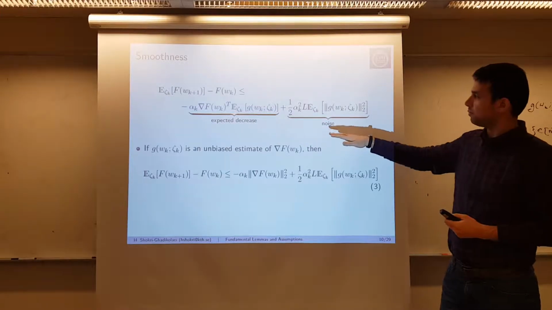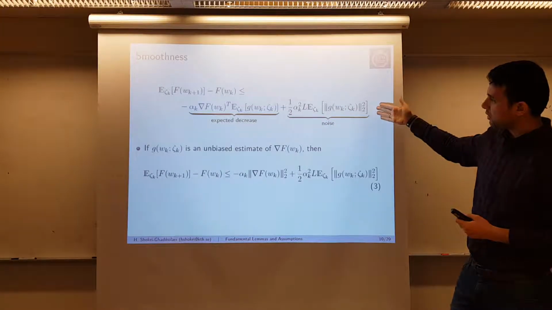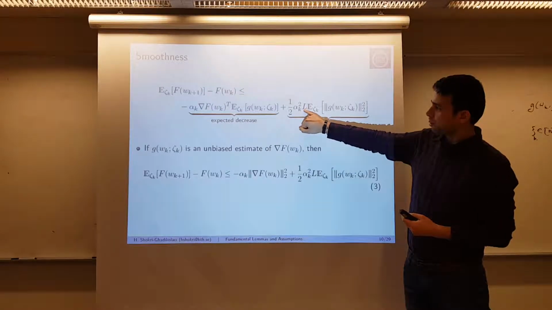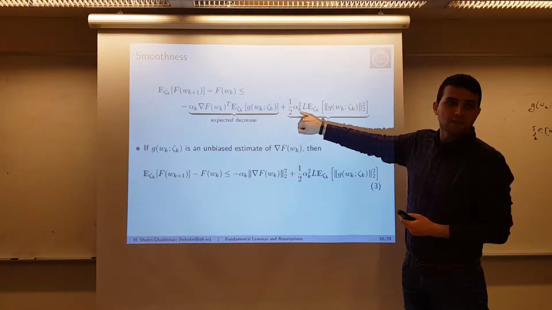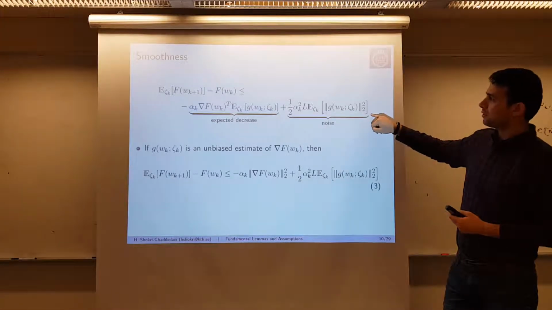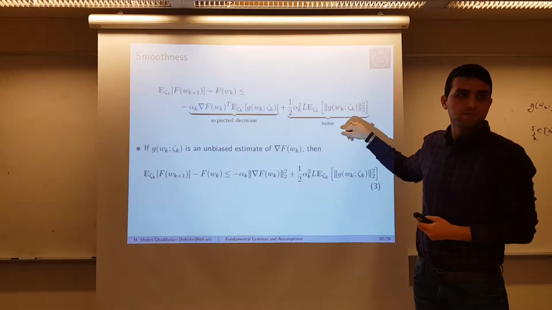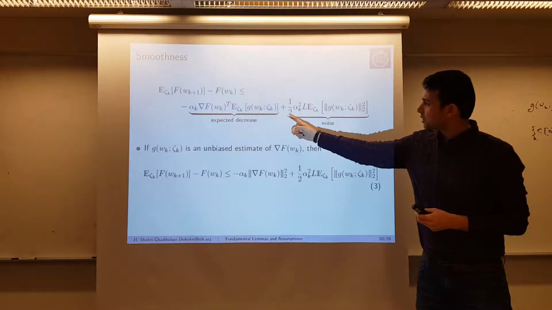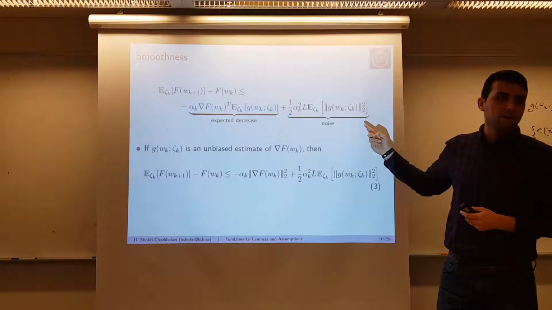We will see this later on, but just to make it clear why this term is important: assume that this is a Lipschitz constant, so positive, and that it is a constant, not vanishing. And assume that you have a constant variance for the noise of this stochastic gradient. If so, then this term will not go away.